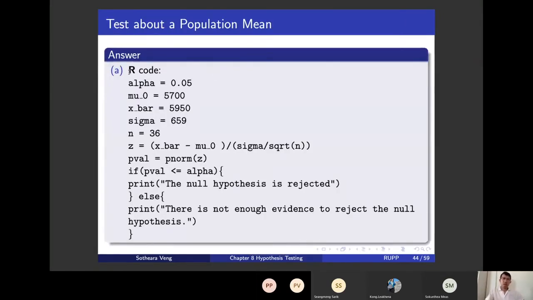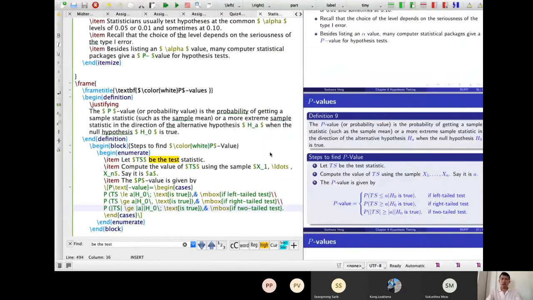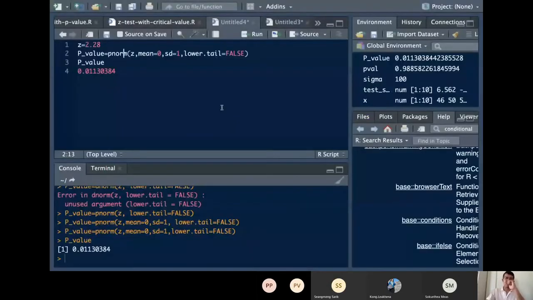Okay, this is the R code for when we consider the p-value instead of the critical value. I give this example because in this example you end up rejecting the null hypothesis, so I want to test with R whether it generates the same result.